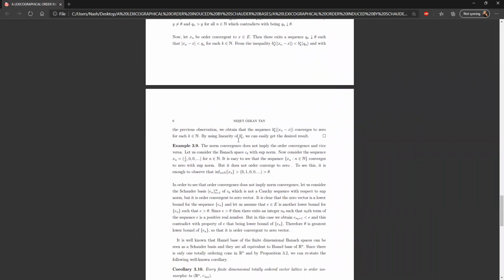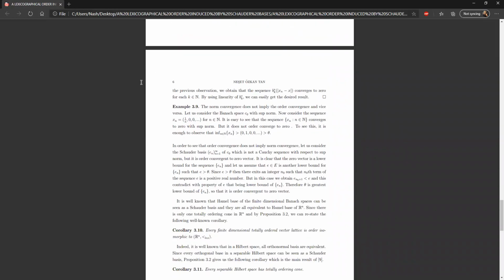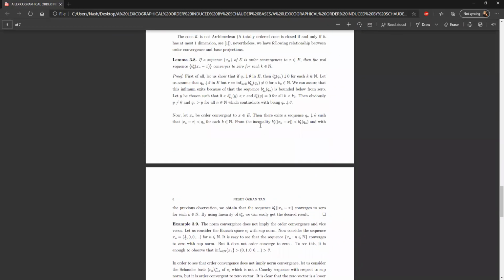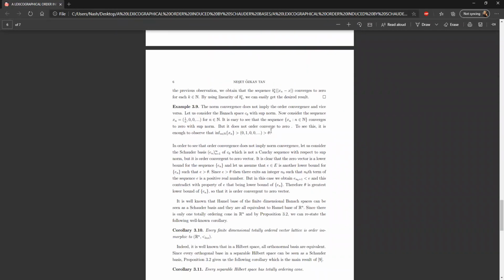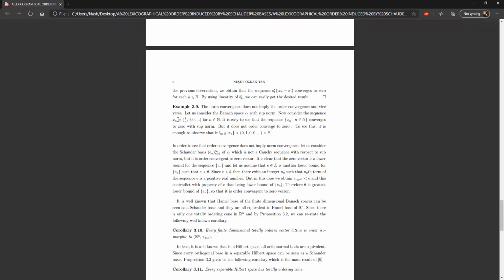We can also give an example showing this lemma does not hold in the opposite direction. For example, we have norm convergence, but in this case we don't have order convergence, as you see. We can think about this sequence in the C0 space with the supremum norm, of course.